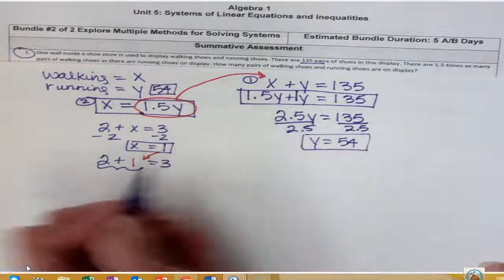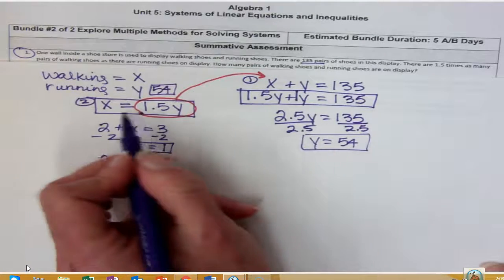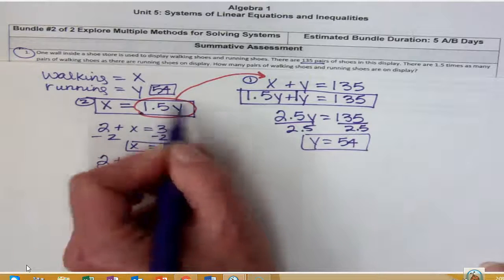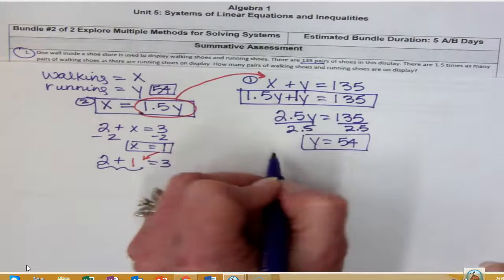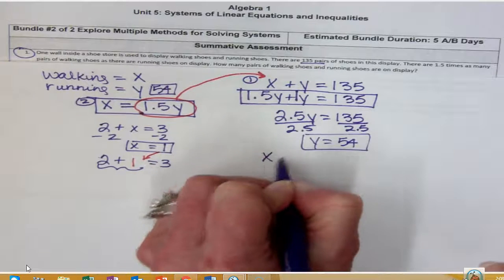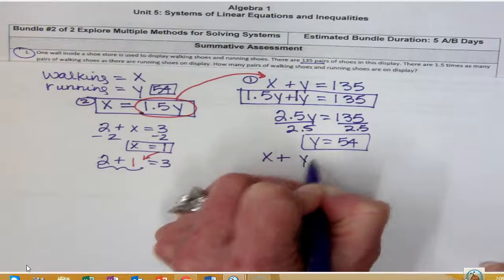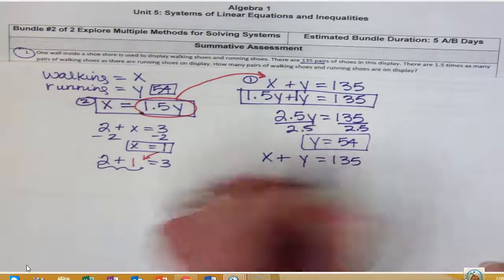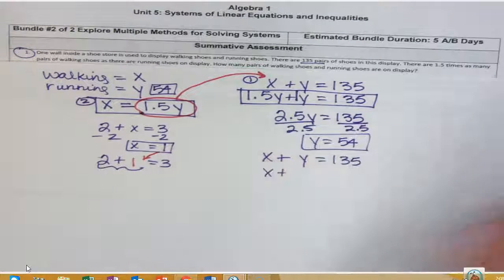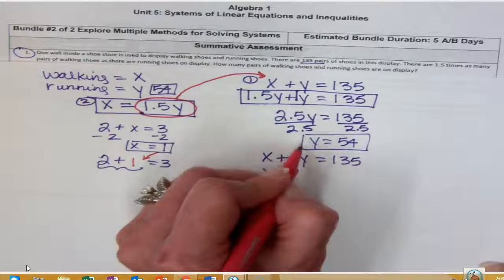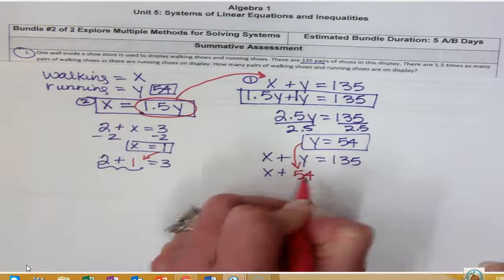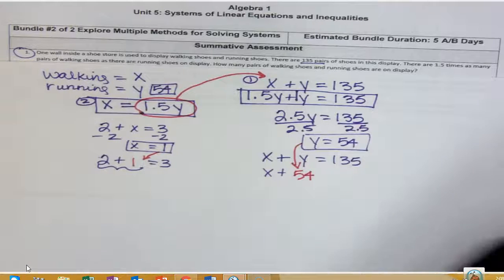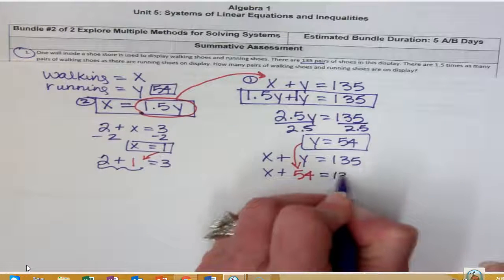So now, instead of substituting this in for X, I'm going to substitute this in for Y. So I have X plus Y equals 135. X plus, now I'm going to take my Y value and substitute that in there. 135.